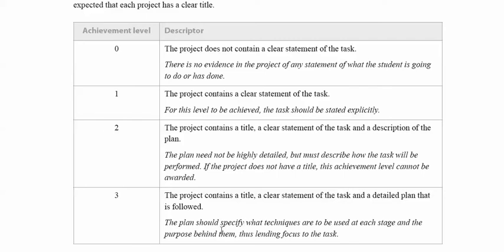Okay, so to get the 3 marks, you want to have detail. So you may want to include how you're going to collect the data, what maths you are going to perform, and why. You may wish to state a hypothesis as well, so what result you may hope to achieve.